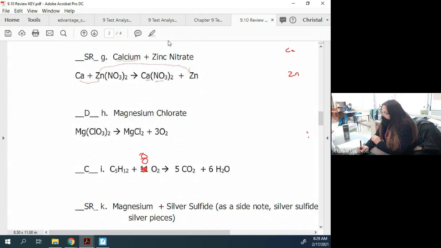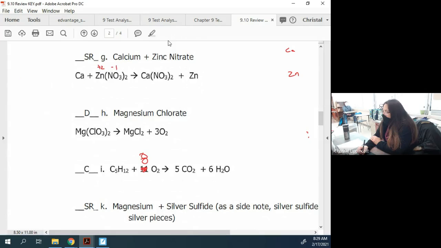So how do I write that out? My calcium I write down, it's not a Brinkelhoff, it doesn't get a subscript. My zinc is a +2. My nitrate is a -1. So that means that I'm going to need 2 nitrates. This is all nitrate.